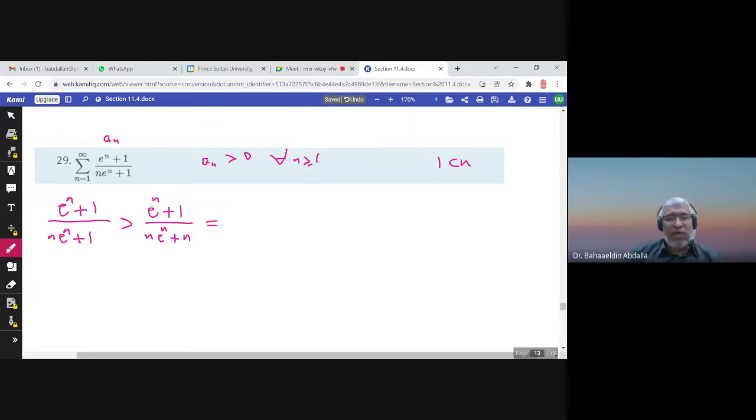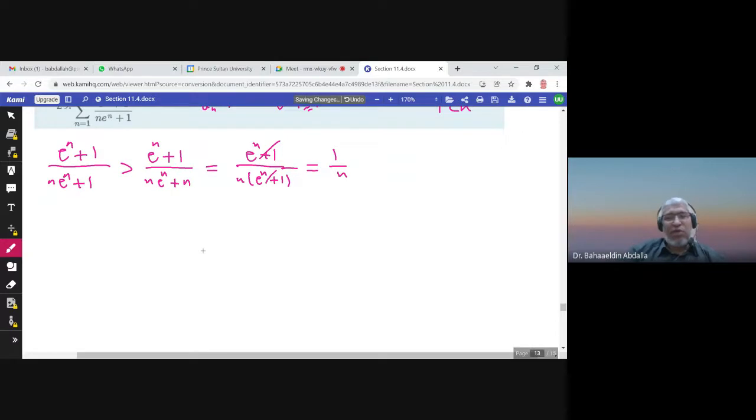If I realize that I have this one, I can take n as a common factor from the denominator, and I can cancel this with this, I get 1 over n. So by this I show that an is greater than 1 over n, but summation 1 over n is divergent.